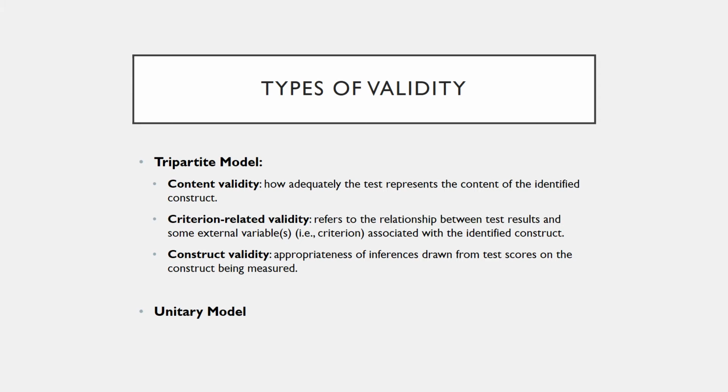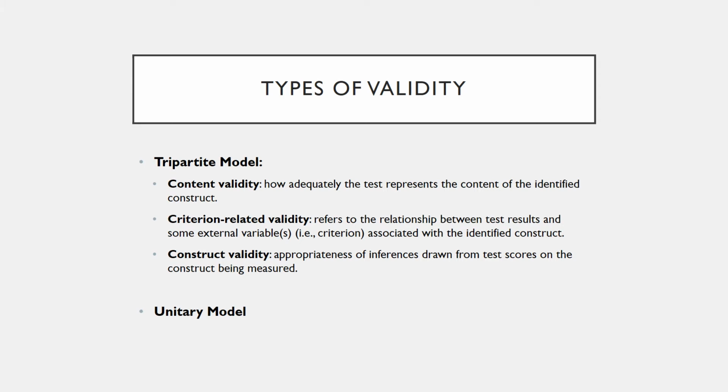So there are different types of validity also that we might look at. There used to be this tripartite model of validity, which looked at three different aspects of validity separately. So the first is this content validity, which is how adequately the test or instrument represents the content of the construct, which is the idea that we want to make sure that the content of the assessment captures all aspects of the construct that are necessary, all the variables that we would need.